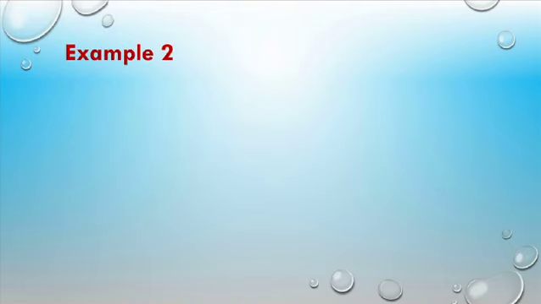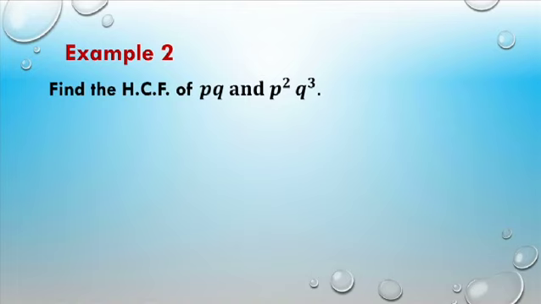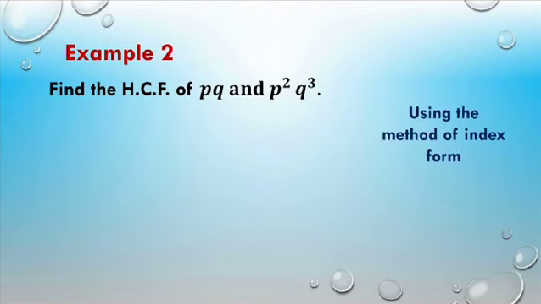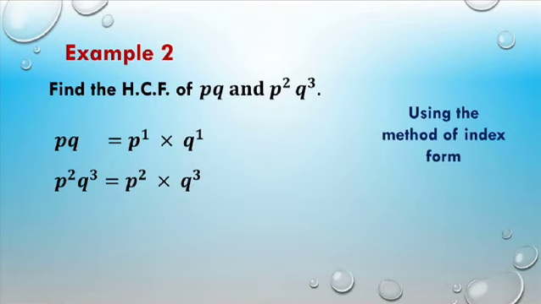A second example, find the HCF of PQ and P square Q to the power of 3. So here we are going to use the method of index form. PQ is simply P to the power of 1 times Q to the power of 1. P square Q cube is P to the power of 2 times Q to the power of 3.